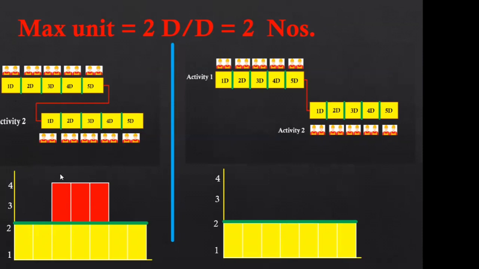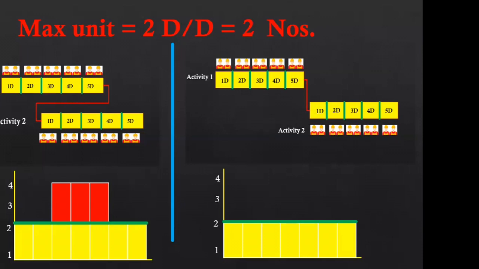So it will show you over allocation like this, that you need to manage this much part. Either increase the number of resources, or change the relationship of your activities. It is not possible for you to execute these 2 activities parallelly in this particular case, because the maximum unit of labor available with you is producing an over allocation here.